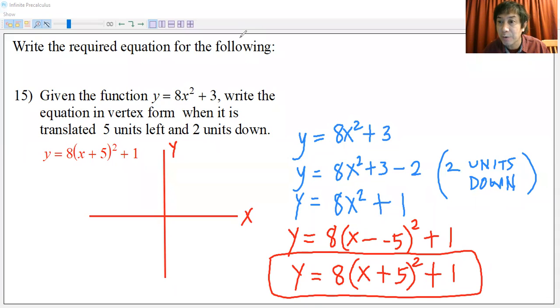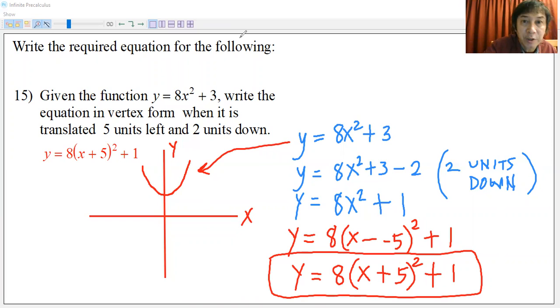It's at 0, 3. So the graph is right here. That's the given. Now, after the transformation, it will be at negative 5, 1.